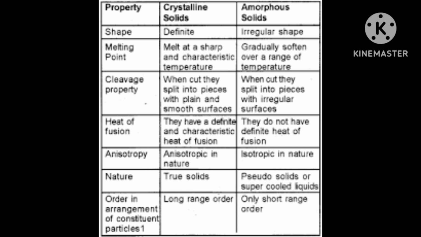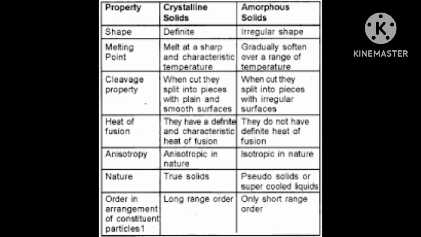A crystalline solid usually consists of a large number of small crystals, each of them having a definite characteristic geometrical shape. Each crystal has a fixed geometrical shape.